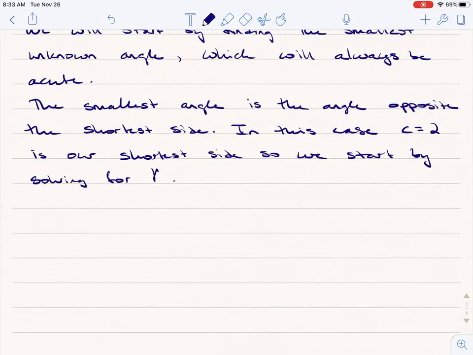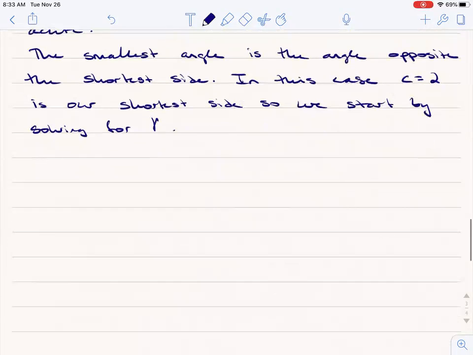So if we know beta and B as our angle-side pairs, then we can say that sine beta over B must be the same as sine gamma over C.